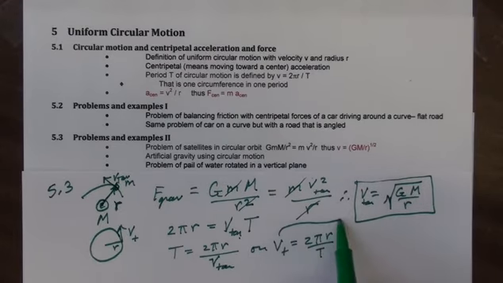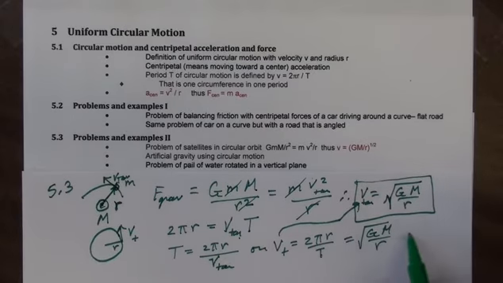We could then take that and plug it in here and compute the period. If you do that, you'll find a particular period that the satellite has to have if it has a radius r. What would that be? We'd have 2 pi r over T is equal to the square root of G M over r.